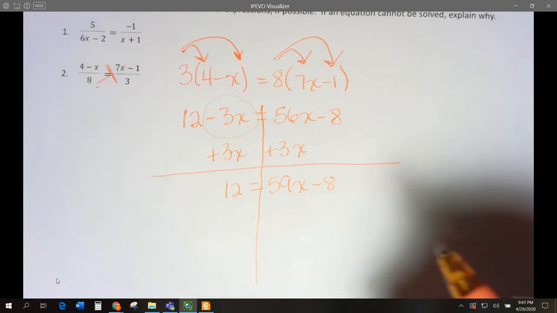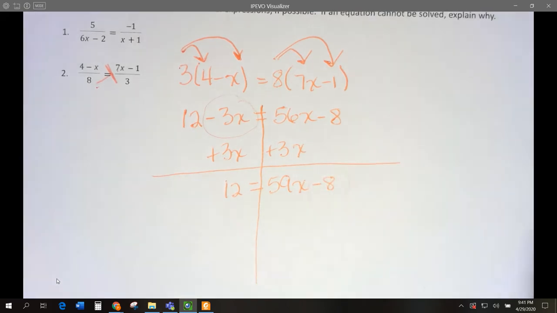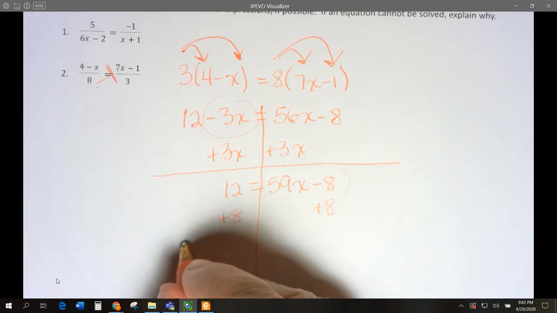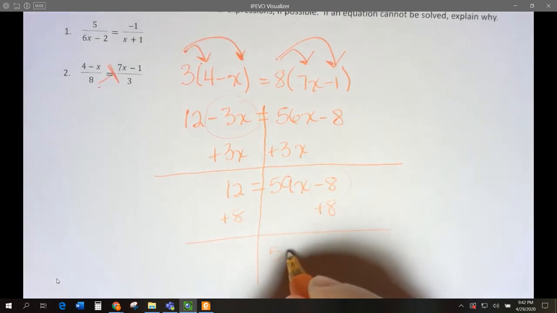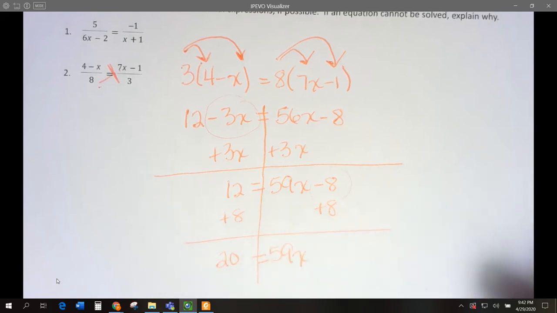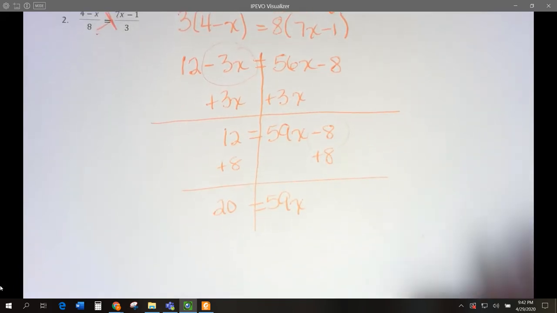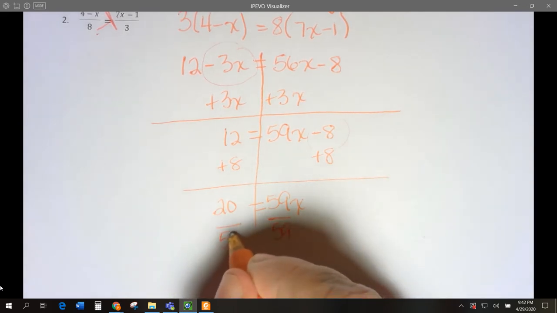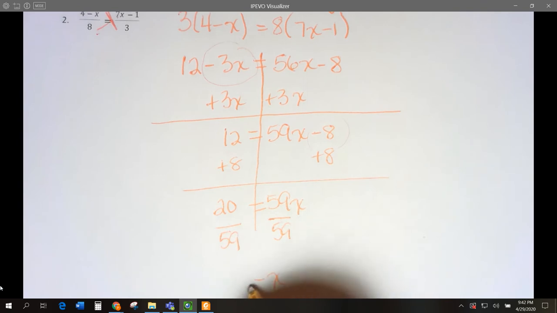And now we have to add 8 to both sides. We get 59x equals 20. Now we're going to divide by 59. And x is going to equal 20 over 59.